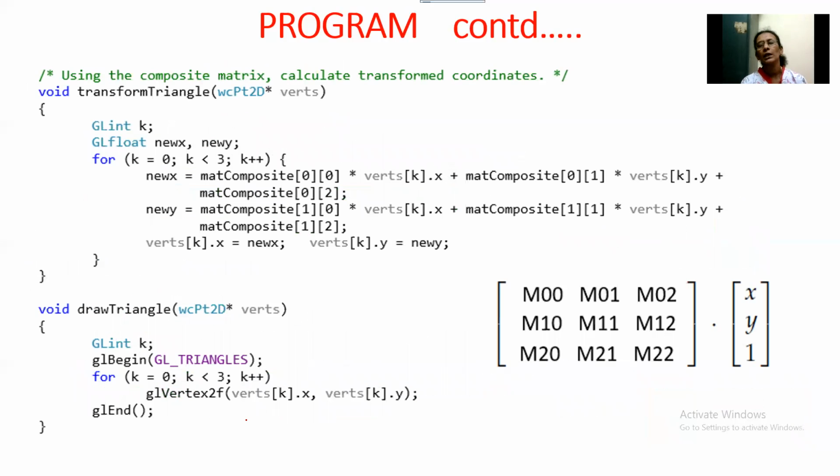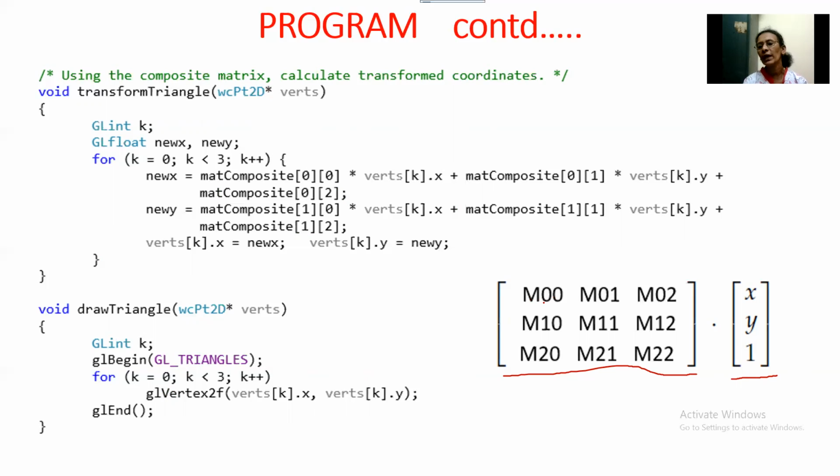Next, after everything, we have to calculate the respective coordinates. That is, we apply the transformation to a point x, y. The point x, y is given by this column vector x, y, 1. And say this is our transformation matrix, that is our current matrix here.